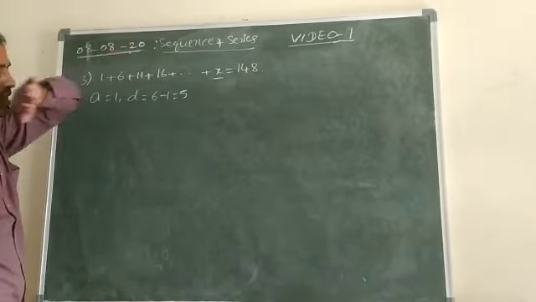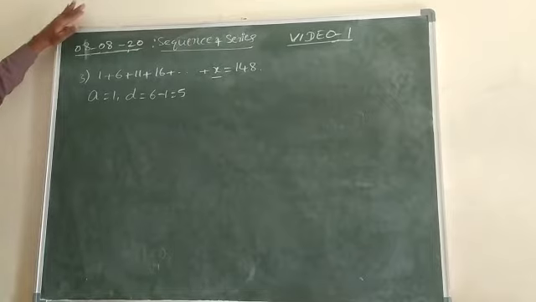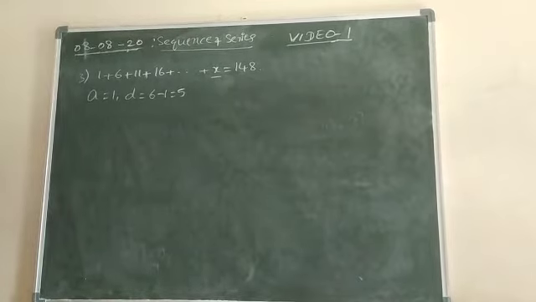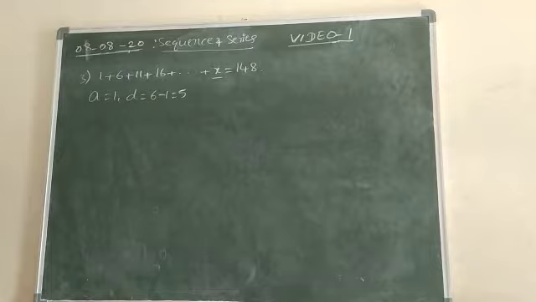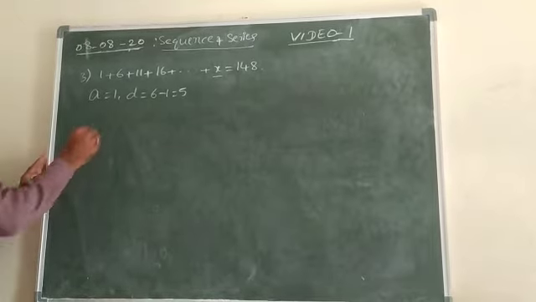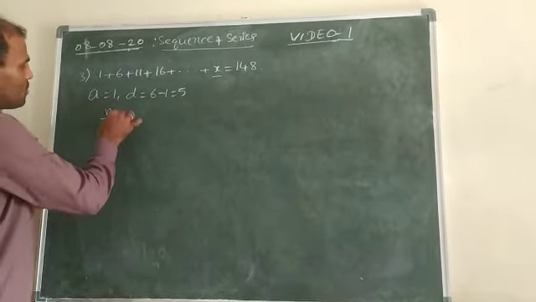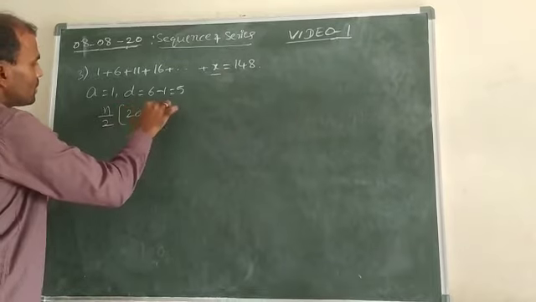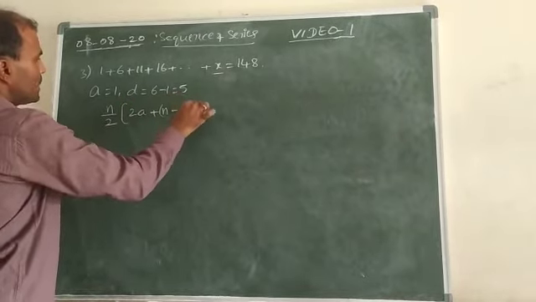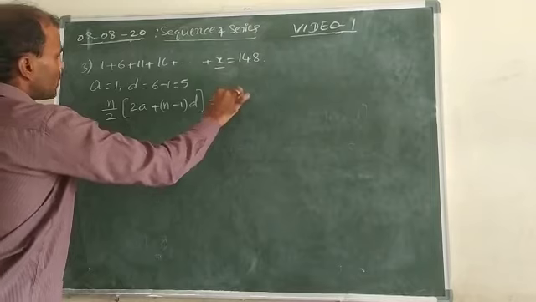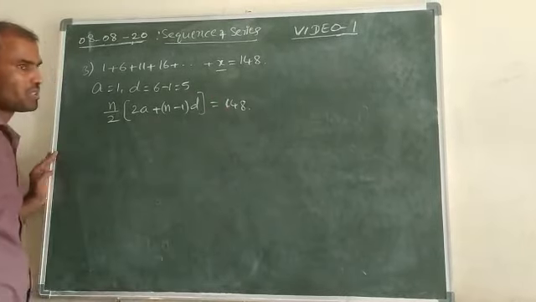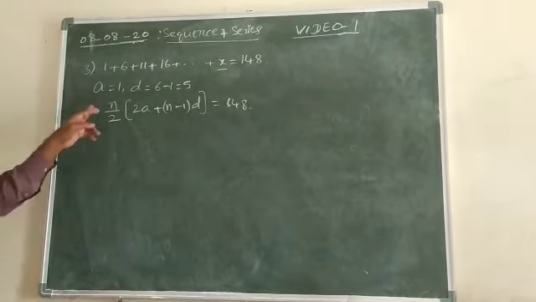Now the sum of the first n terms in the series. What is the sum of n terms? n by 2 into 2a plus n minus 1 into d. So write the formula n by 2 into 2a plus n minus 1 into d. It is given as 148. Now what is n here?